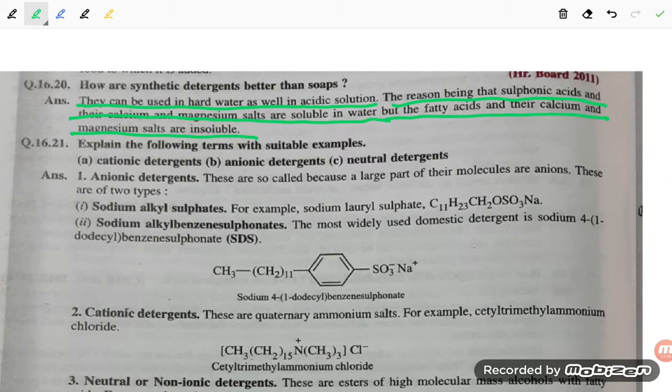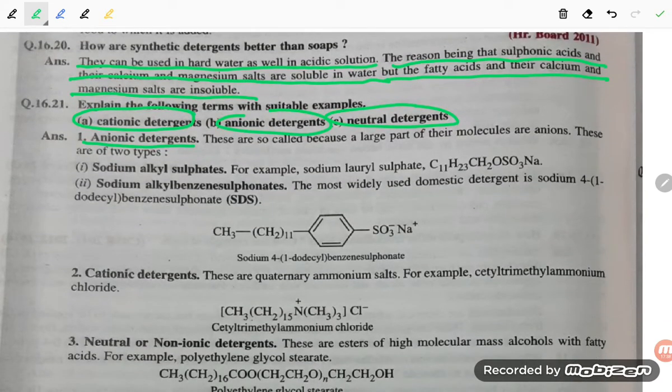Okay, next one: explain the following terms with suitable examples. Cationic detergent, anionic detergent, and neutral detergent. Anionic detergents are so called because a large part of their molecule is an anion. These are sodium alkyl sulfate and sodium alkyl benzene sulfonate.